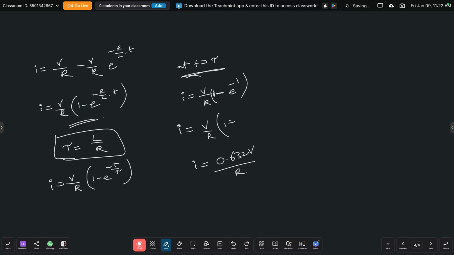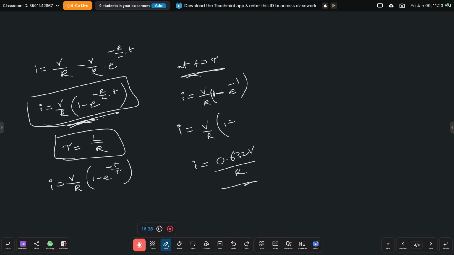In the same way, if we take t equal to 2 tau or t equal to 3 tau, then we also get different values. So the current equation is I is equal to V by R of 1 minus e power minus R by L into t. This is the total equation for current in the transient response of a series RL circuit.